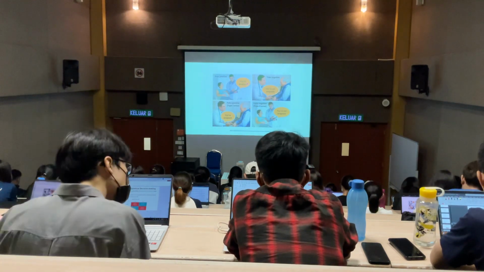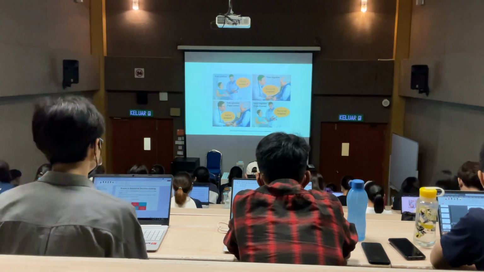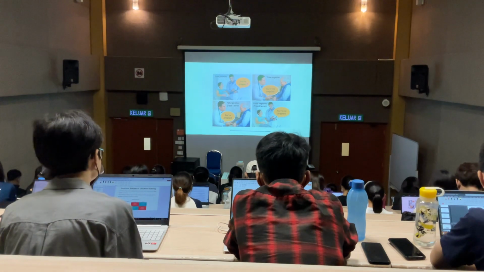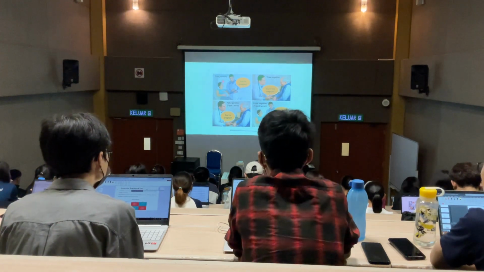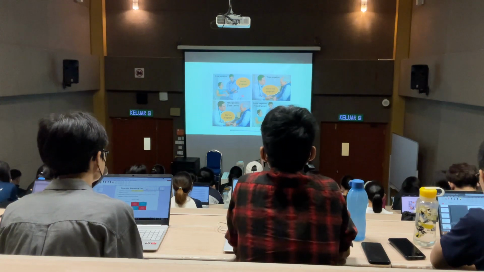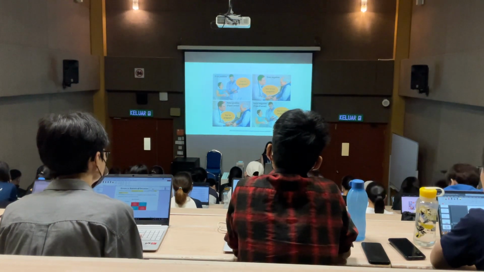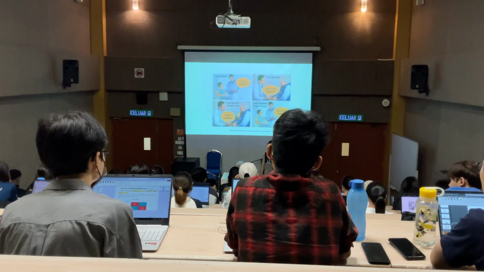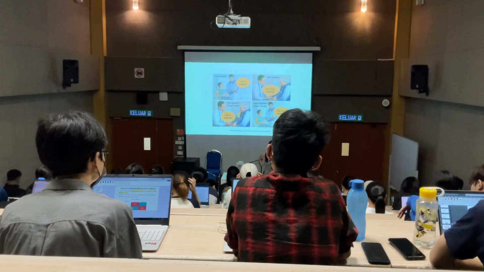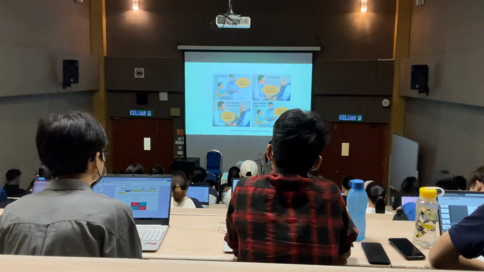So here's an example for you to refer to. If you are pregnant, then this is a true positive. Sorry, a true positive is you are really pregnant, and a true negative is you are not pregnant.